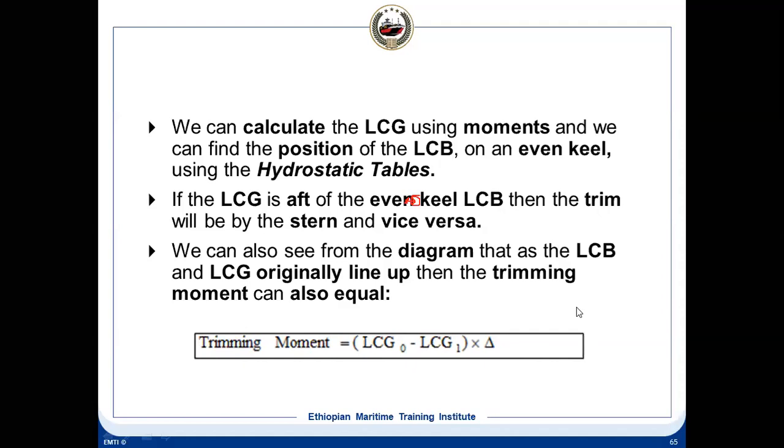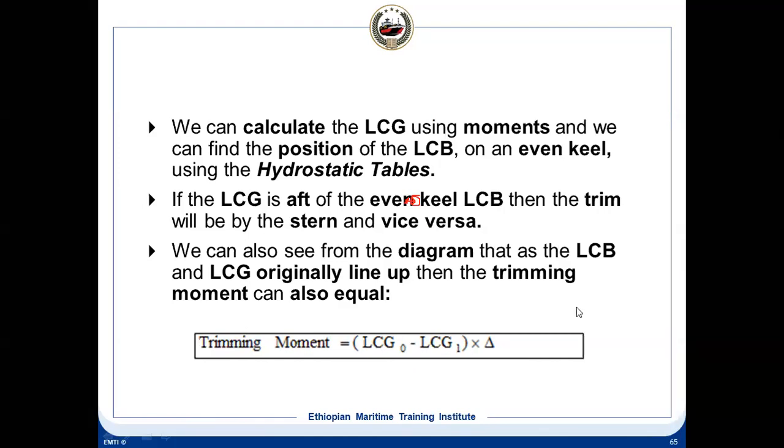So we have three formulas for the trimming moment now. Depending on the situation and the available data, we can use any of the formulas to find out the trimming moment. Once the trimming moment is known to us, we can calculate the trim. After that, it is straightforward, the same.